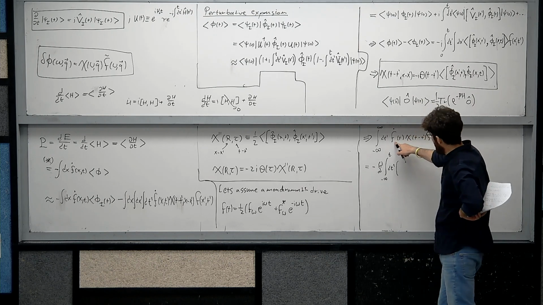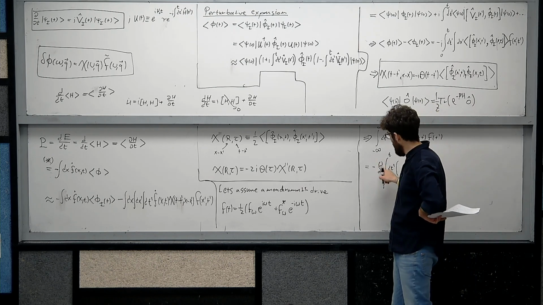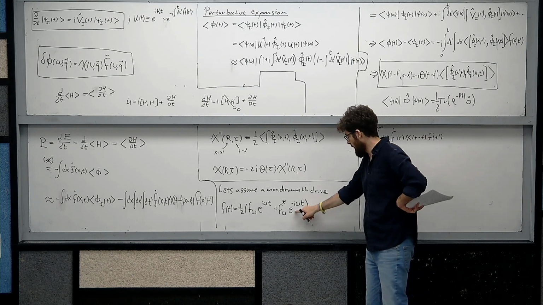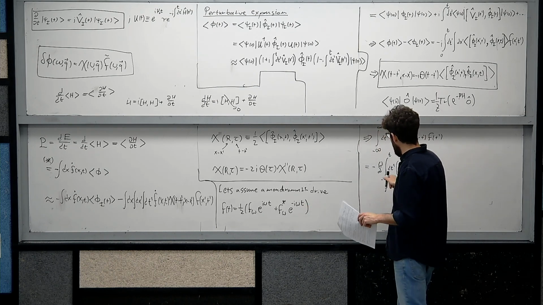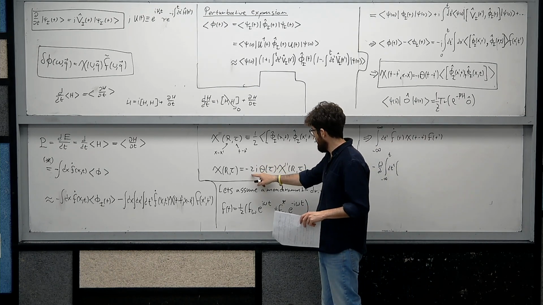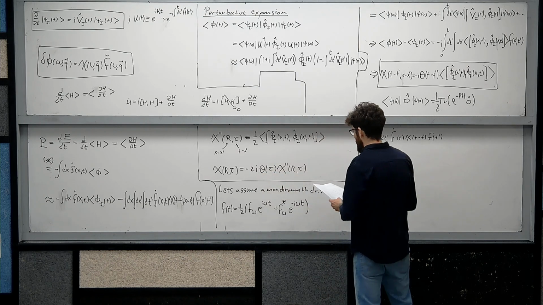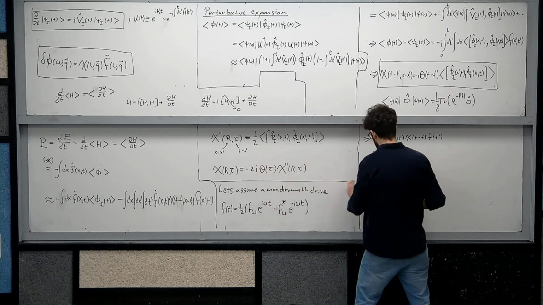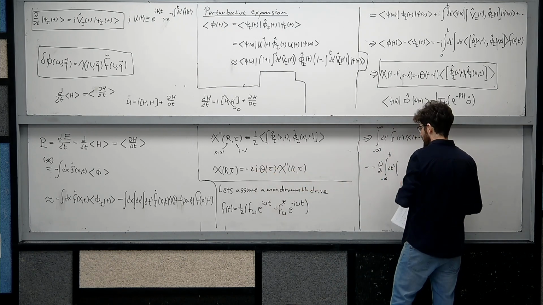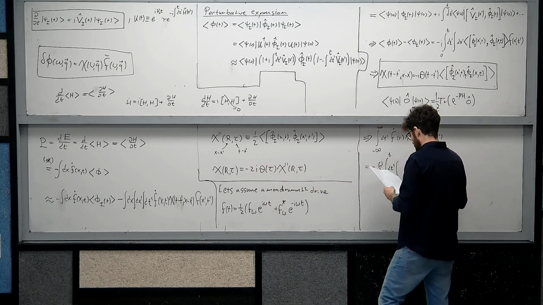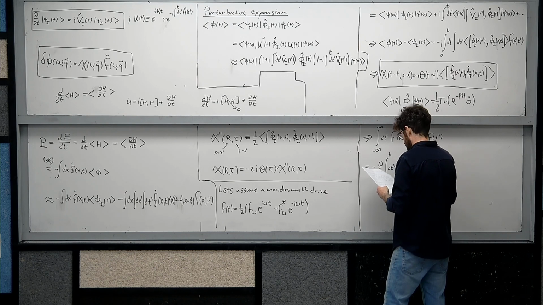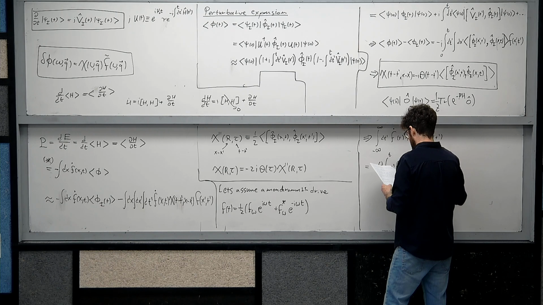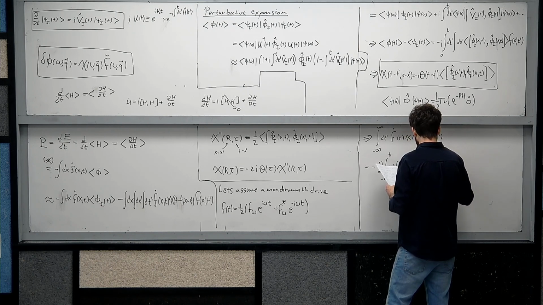So this guy, you see, it gives me this omega factor and the I, but this I I'm going to absorb in this definition here. And the theta function made the integral from minus infinity up to t. So I get f omega e to the I omega t minus f omega star e to the minus I omega t.